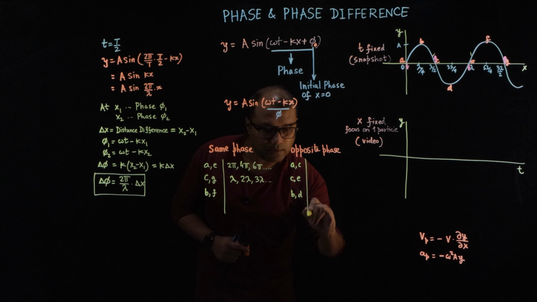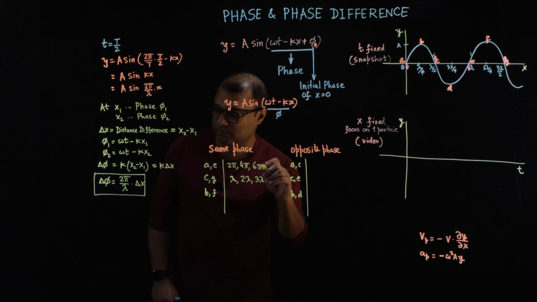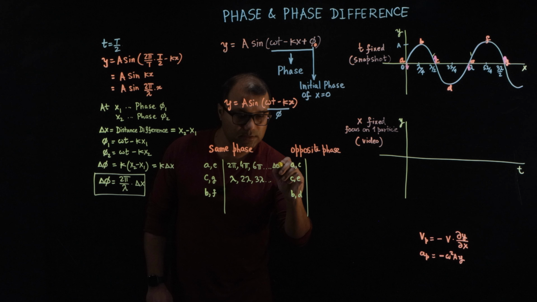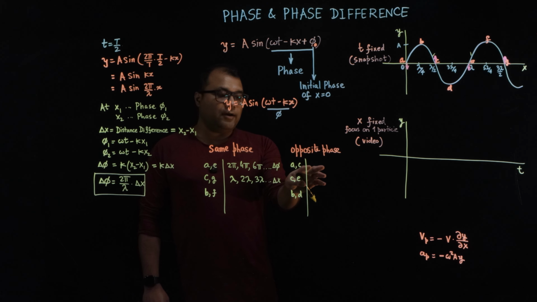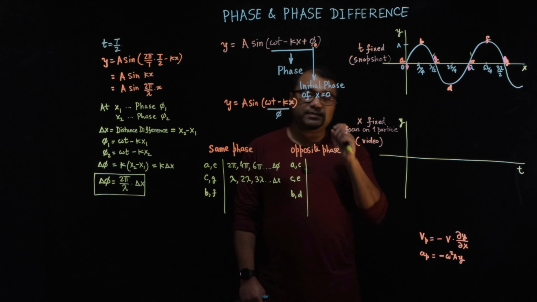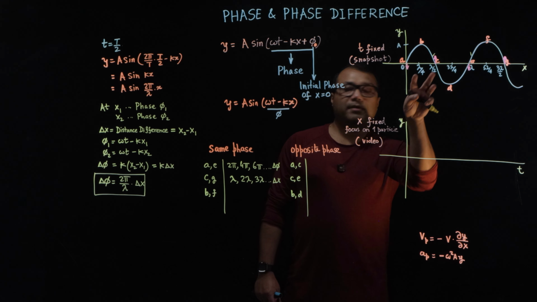Okay. Now, this was in terms of phase difference, this was in terms of distance difference. In terms of phase difference, at what intervals do opposite phases happen? So A and C, right? So lambda by 2.